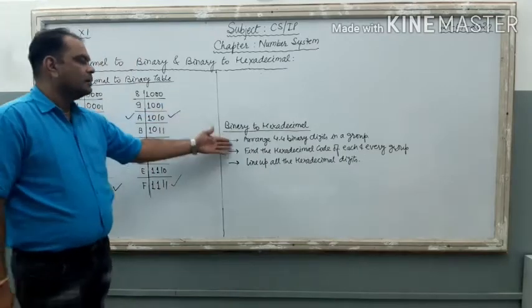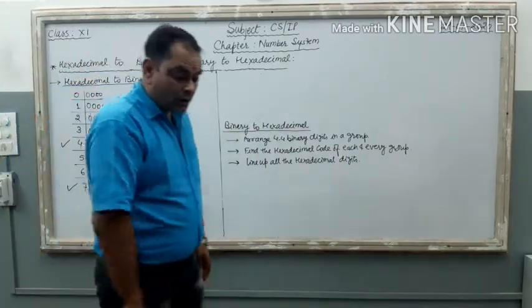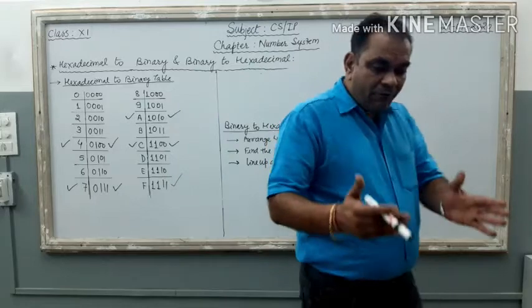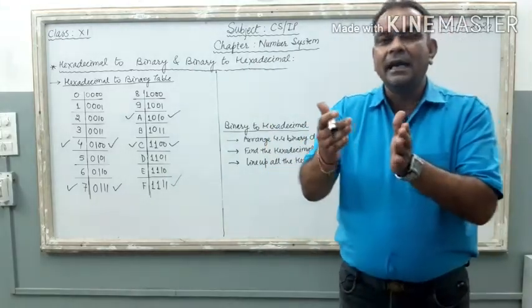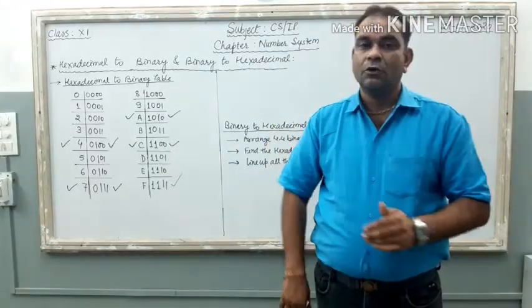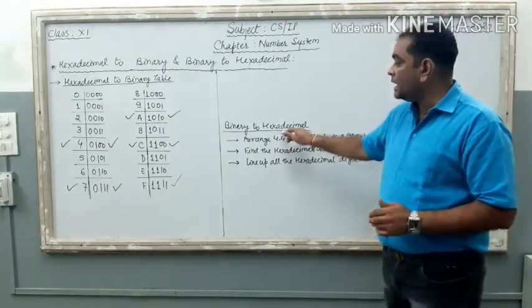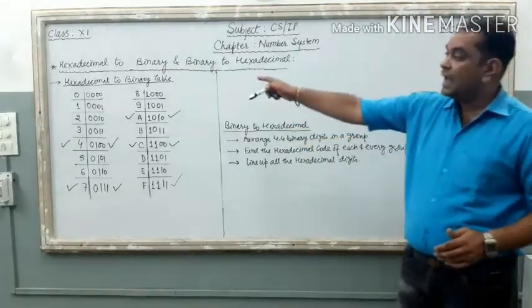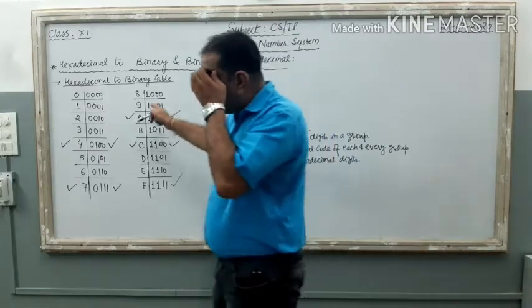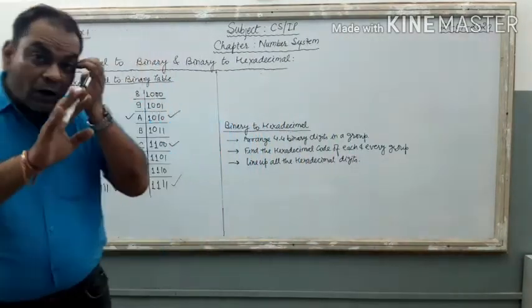What is the process? In binary to octal, if you remember, we create 3 binary digits in a single group, right? Now in binary to hexadecimal, the hexadecimal table belongs to 4-digit binary code.